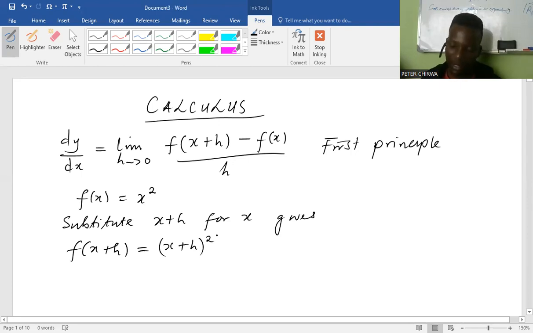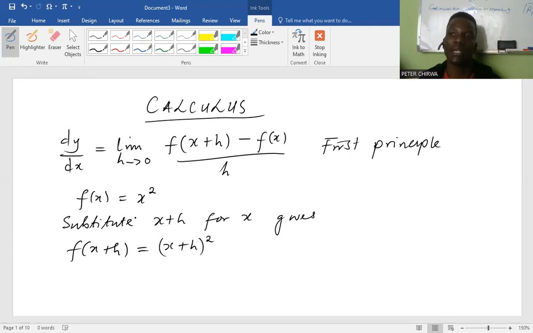In short, we are saying where there is x, we substitute with x plus h. Remember that the function is f of x, and then with time there is a small increment, which is h. So h is just a small increment with time. Where there is x, we substitute with x plus h.